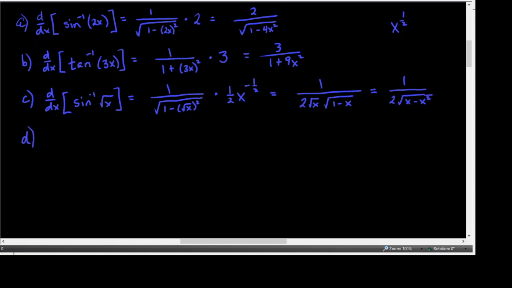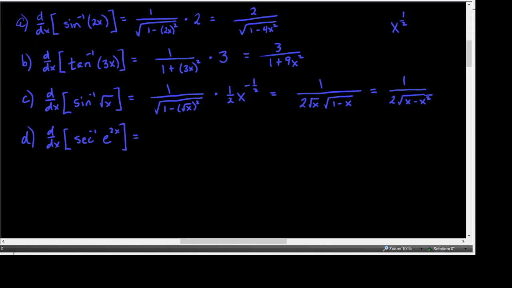Okay, part D. The derivative with respect to x of arc secant, so I'll call that secant inverse, of e to the 2x.